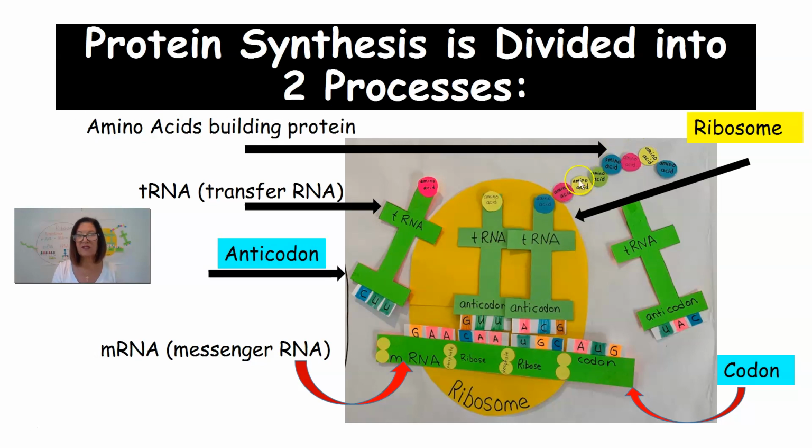This is my ribosome, the yellow circle, and you can see my messenger RNA has come into the ribosome at the bottom, and my tRNA is going to meet and match up with my mRNA. If you look here, I have a C and a G, they match up, a G and a C match up, and a U and an A match up.